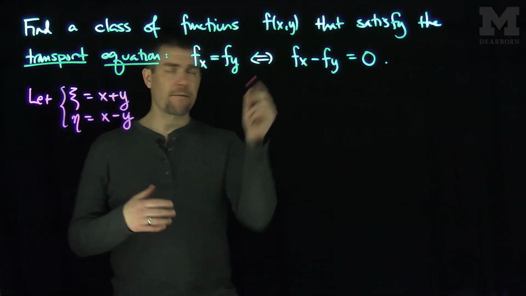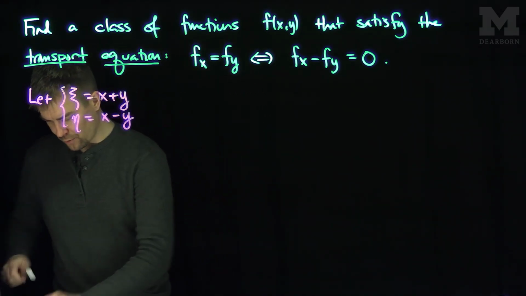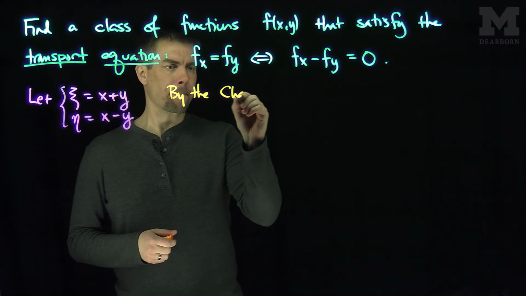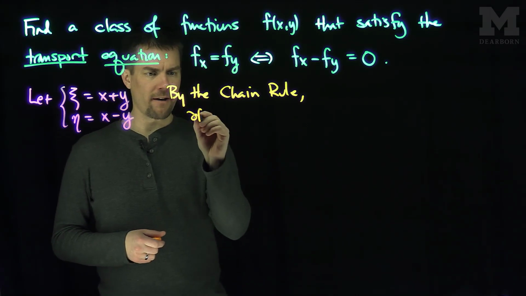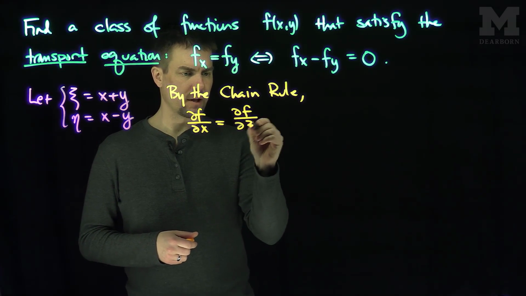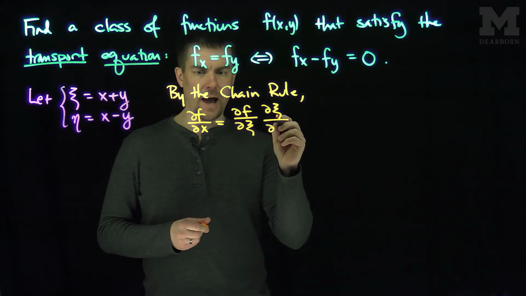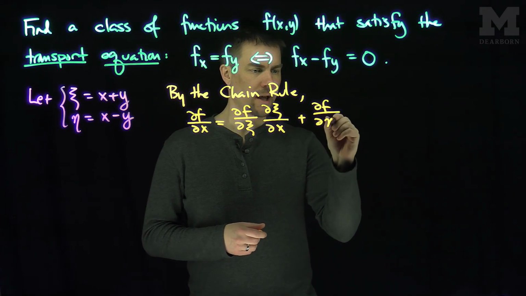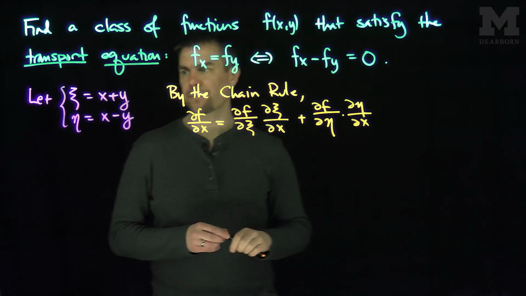Now let's write f_x in terms of xi and eta and see what happens. We're going to use the chain rule. By the chain rule, partial f partial x is partial f partial xi times partial xi partial x, plus partial f partial eta times partial eta partial x.